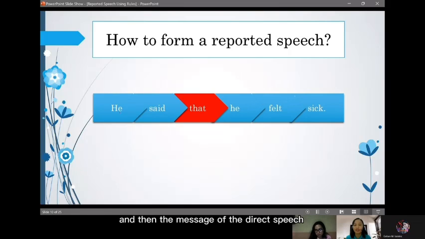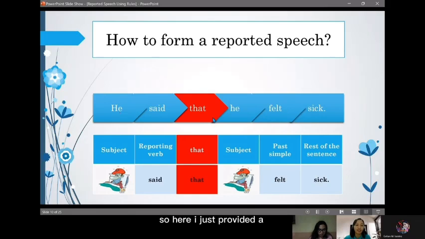And then the message of the direct speech, or the statement of what the person said. Here there is a change of pronoun, the shifting of tense, from present tense to past tense, then the remaining information of the message.